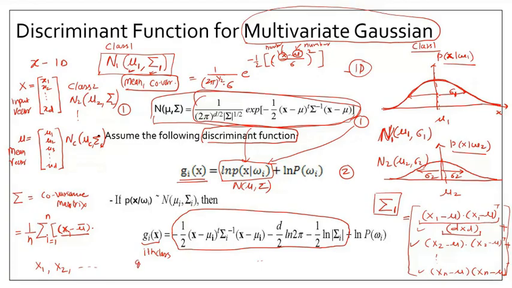So g1(x) will be the function for class 1, g2(x) will be the function for class 2. As i changes from 1 to C, that means I am talking about C different classes. If I put i equal to 1, this is the equation for class 1. If I put i equal to 3, then it is discussing class 3. If I put i equal to C, then it is discussing class C. So this is a generalized equation, and we are going to modify this as per our requirement.